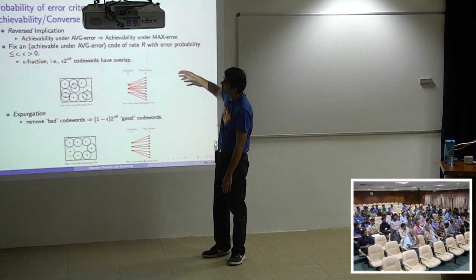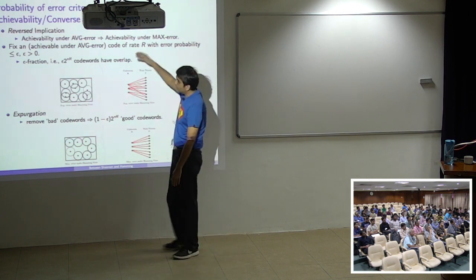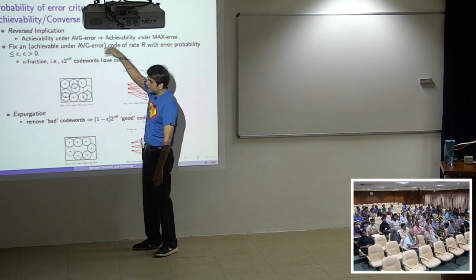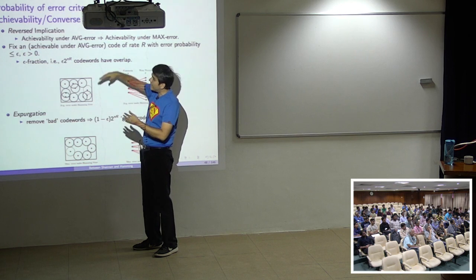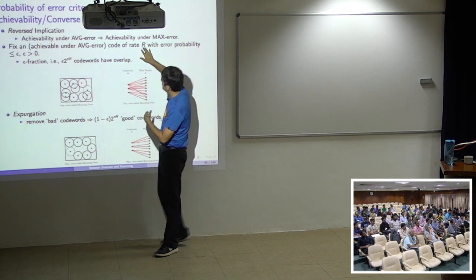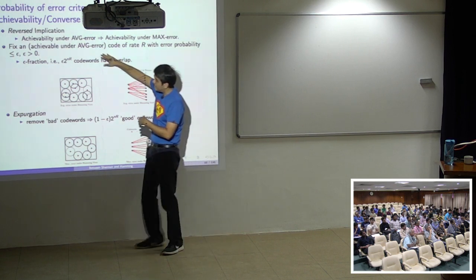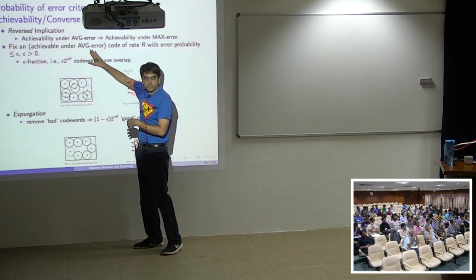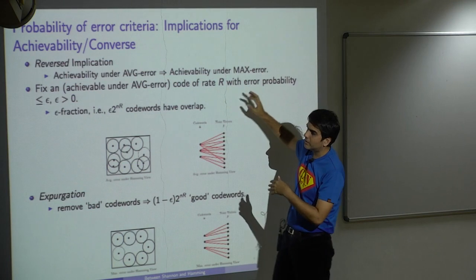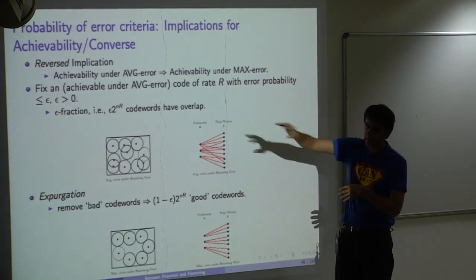Okay, so suppose someone gives you a good code, a code which has a certain rate, which has 2 to the nR code words under an average probability of error metric. And the probability of error is small. It's at most epsilon.